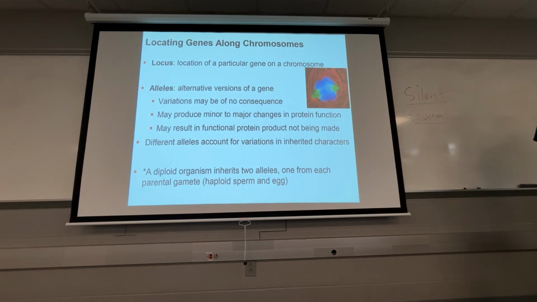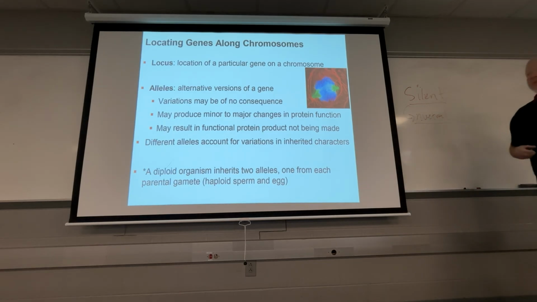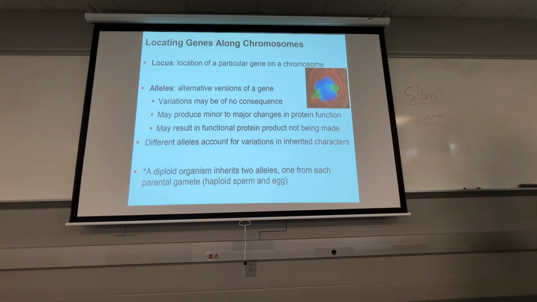Does that make sense? So some of these allele versions are silent, some are minor changes, and some are really large changes, and they may alter whether the protein functions properly or not. We'll see this with flower color, and I'll show you a picture of why there's a difference between purple and white. It has to do with whether the protein is functional or non-functional.